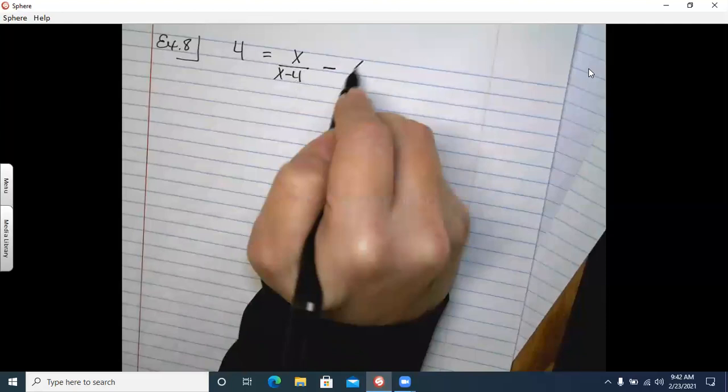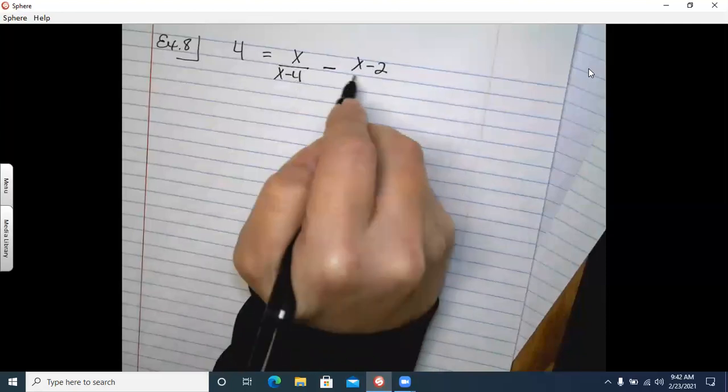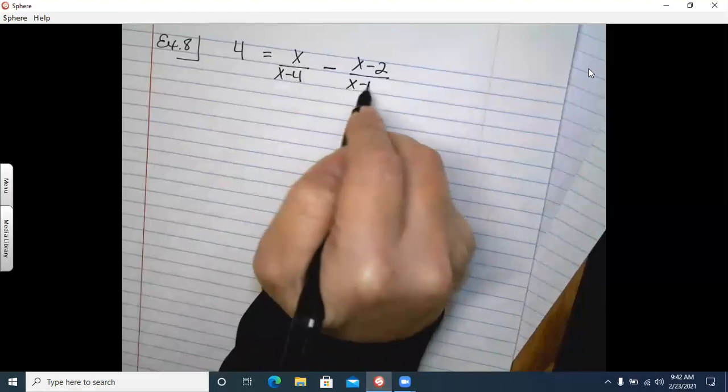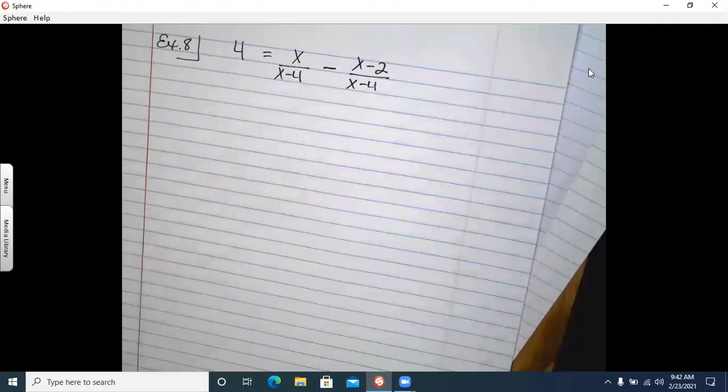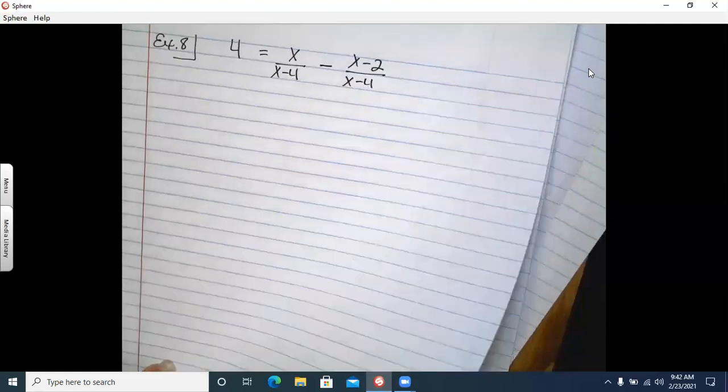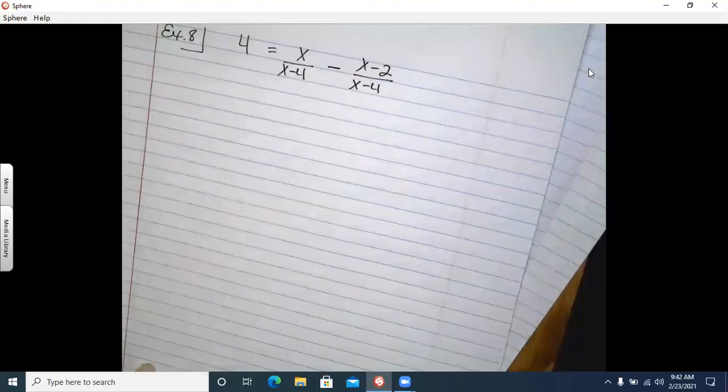So we have 4 equals x divided by x minus 4, minus x minus 2 divided by x minus 4.